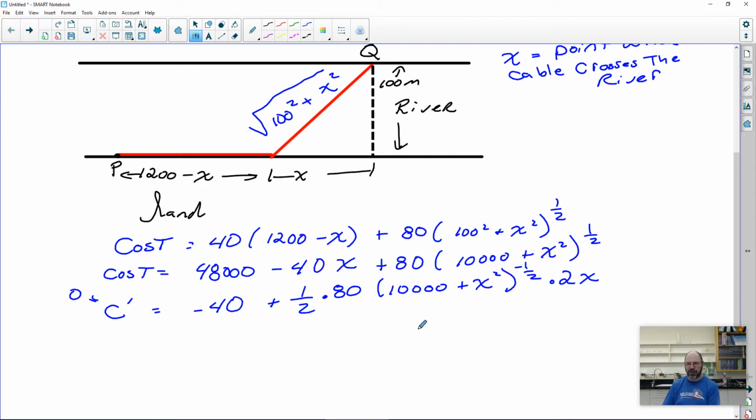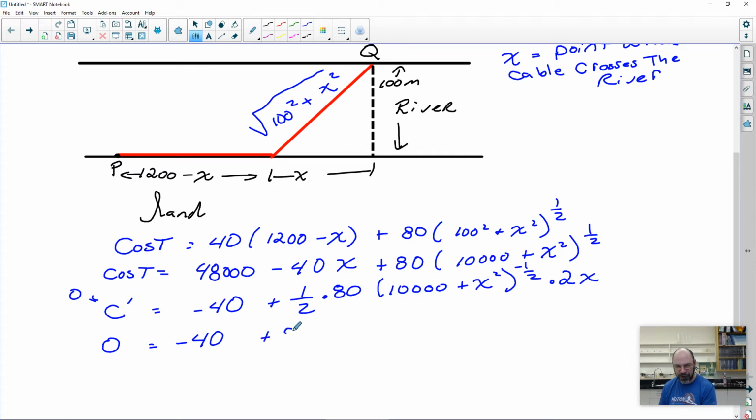Okay, so we can do some reducing here of our work. This is going to be 0 because we're setting it to 0. Negative 40. This would be 40 here times 2x out there. 40 here times 2x, that'd be 80x.